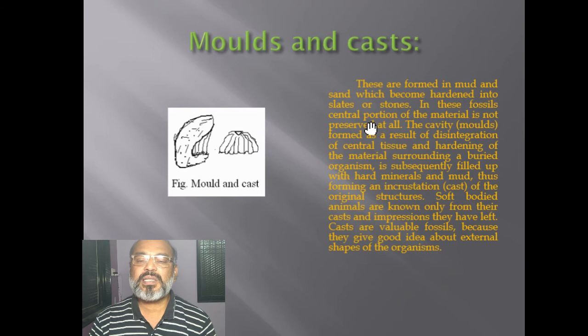In this fossil, the central portion of the material is not preserved at all, and the cavity formed as a result of the disintegration of the central tissues and hardening of the material surrounding a buried organism is subsequently filled by hard minerals and mud, thus forming a cast.